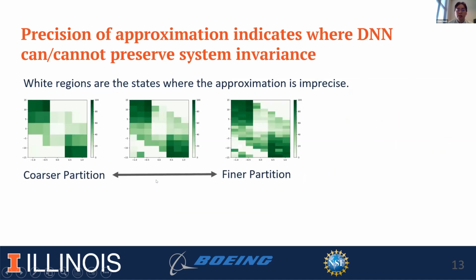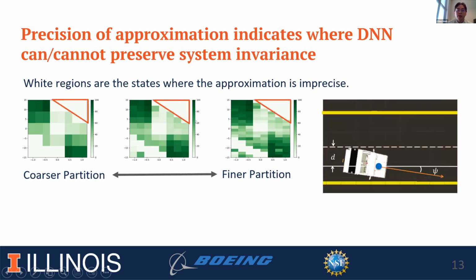Now, using this precision score, we can investigate where DNN components can or cannot preserve the system invariance. In this slide, I show three different precision heat maps using increasingly finer partitions. We can observe that there are some common white regions, for example, on the top right corner.